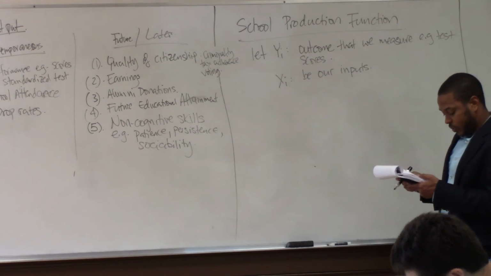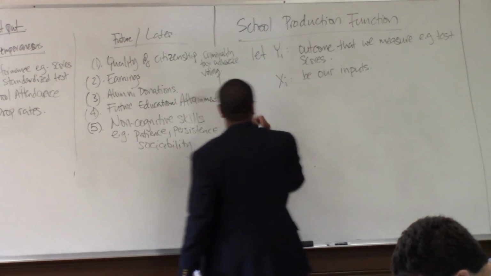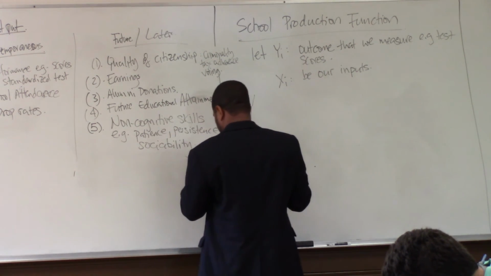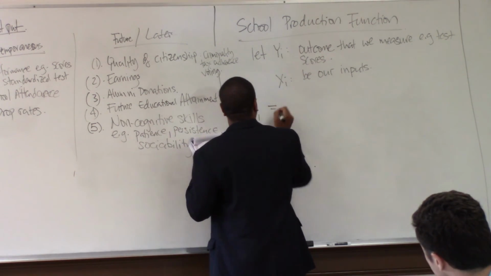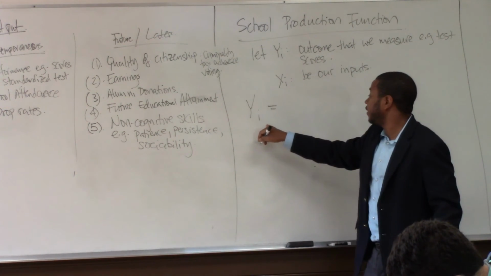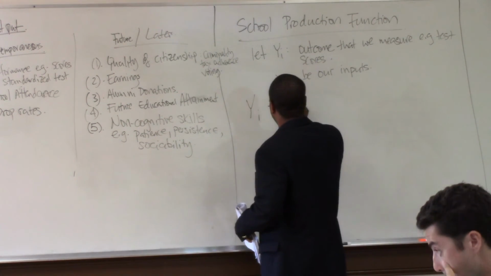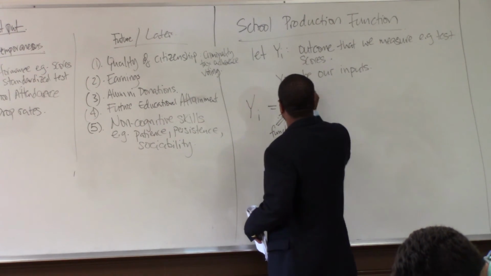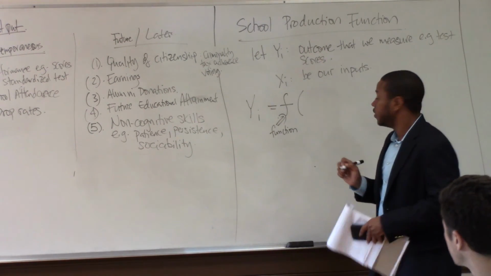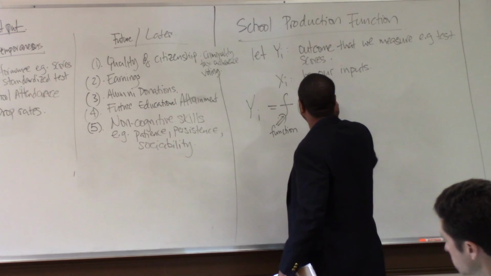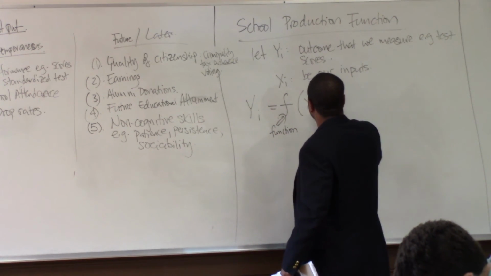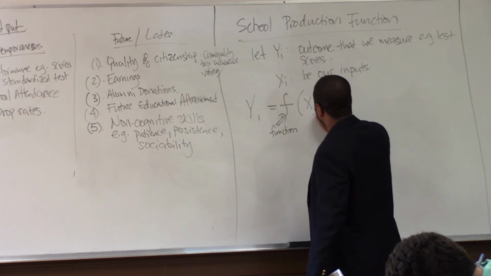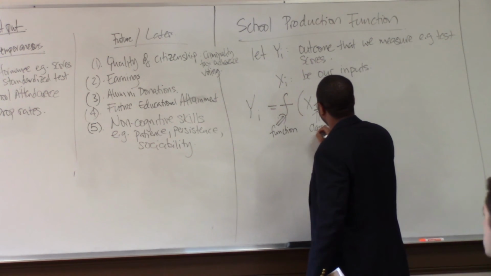So now what we can do is we can say that the production function approach says that, for example, yi, so this is the output for person i, is going to be equal to some function of x1i, input 1 for person i. So this, for example, can be, let's say, class size.